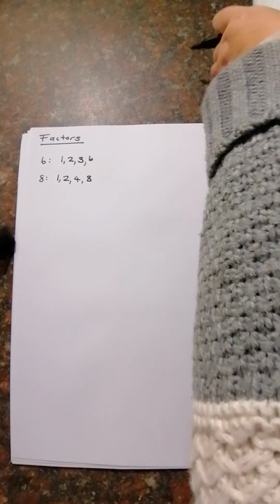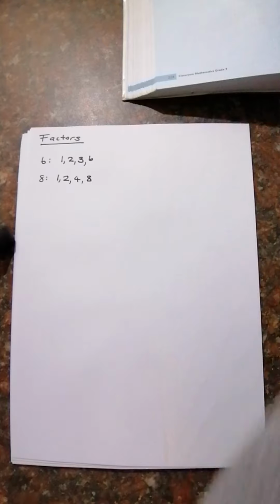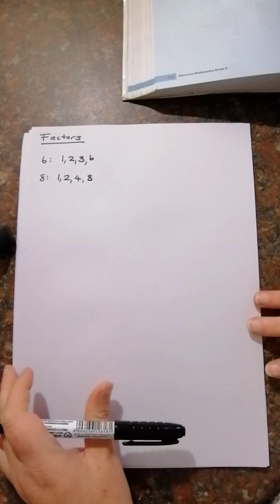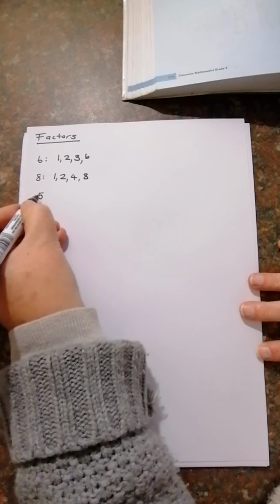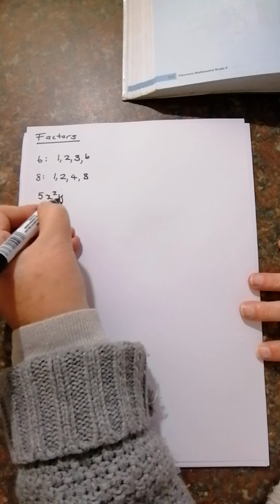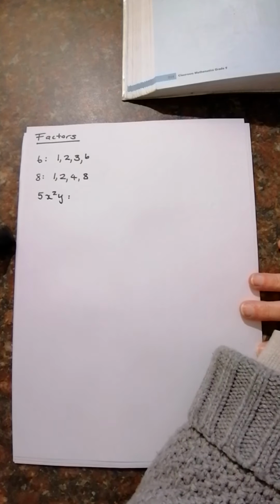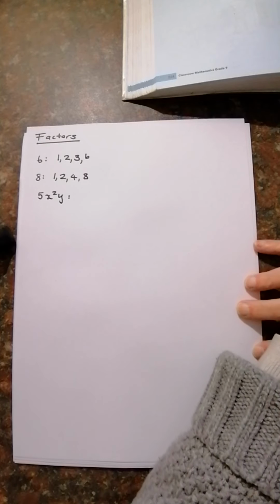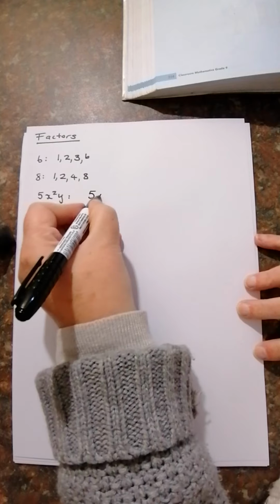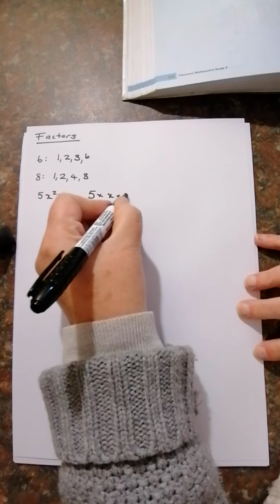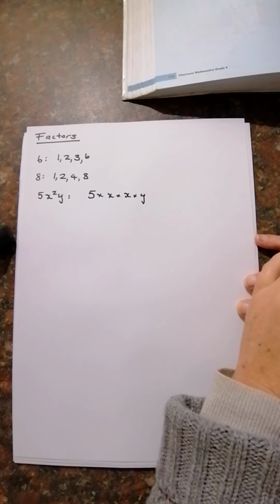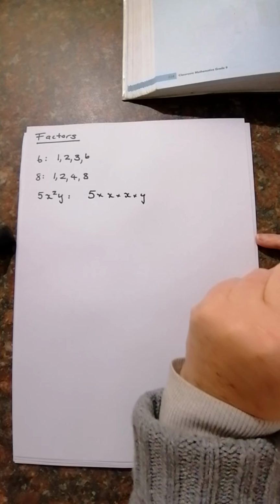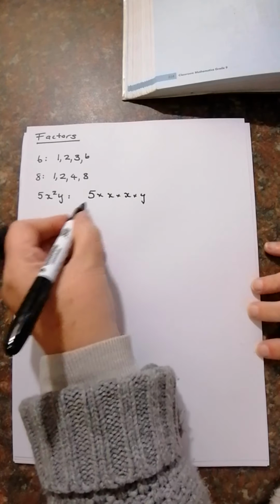But now we're going to add some variables to the whole expression. So let's have a look here. If we take 5x squared y, we know that 5x squared y is the same as saying 5 times x times x times y. So therefore the factors would be, now we have to look at the 5.